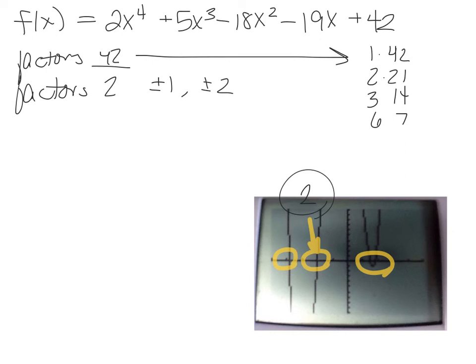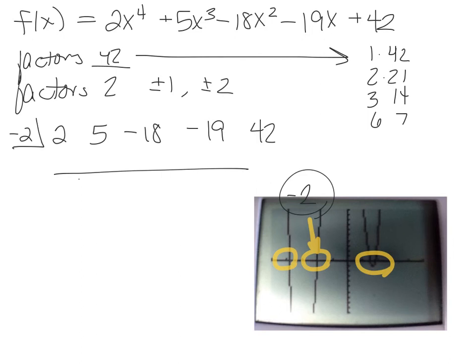So I'm going to go ahead and reduce this and see what happens. I'm going to divide by negative 2. 2, 5, negative 18, negative 19, and 42. So multiply, negative 4, 1, multiply, add, multiply, add, and multiply, add.